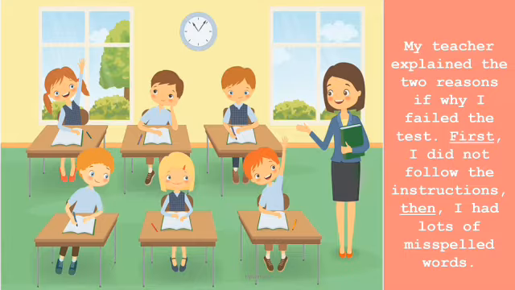First, I did not follow the instructions. Then, I had lots of misspelled words. This example started again with a general term, which is the two reasons why the student failed the test, and it was specified by giving the said reasons using first and then.